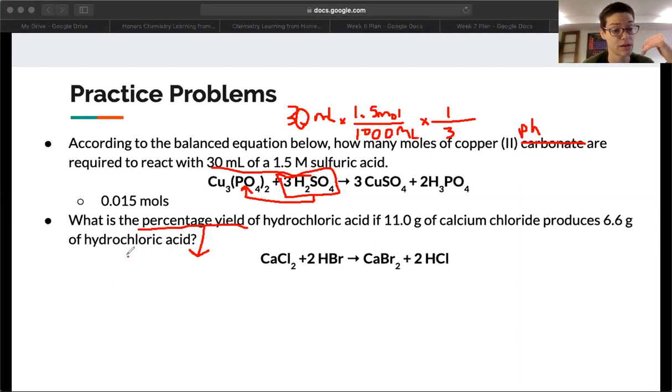So in this instance, part is the actual, otherwise known as the lab amount, right? This is what you get in the lab, and over the theoretical. And the theoretical is what you would calculate. So the other way to look at this is lab over calculated.